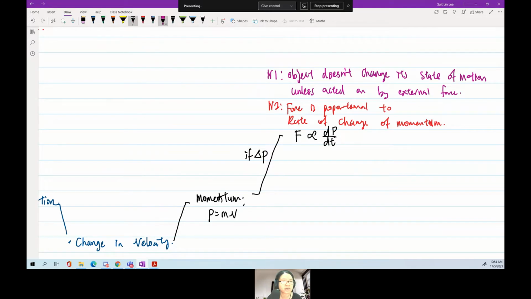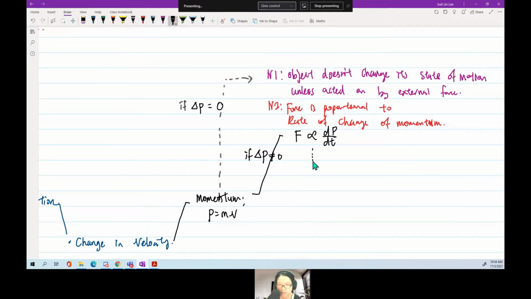So in this case, if delta P is 0, there's no change in momentum. This one is if delta P is not 0.